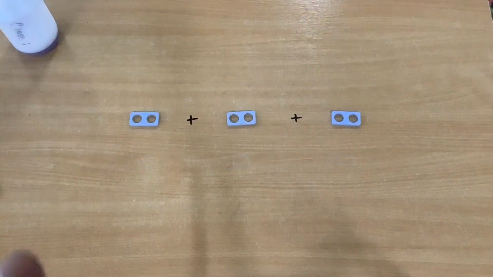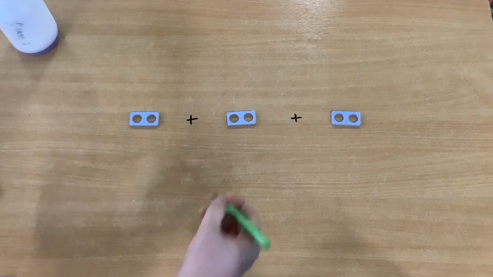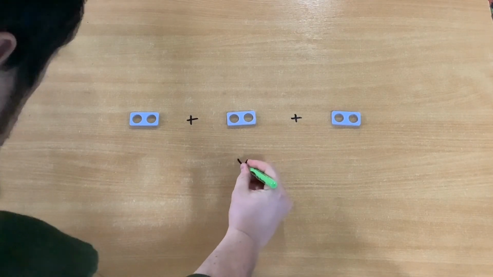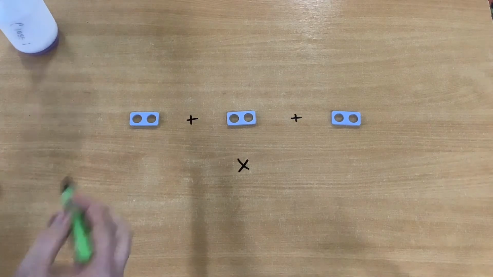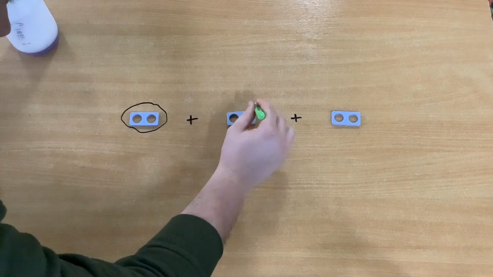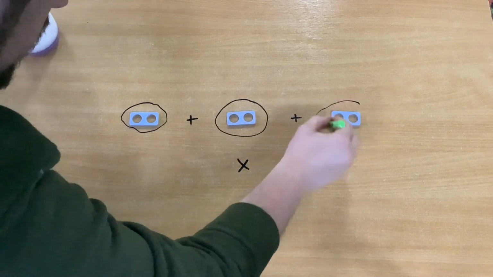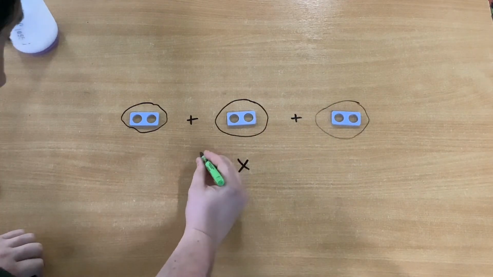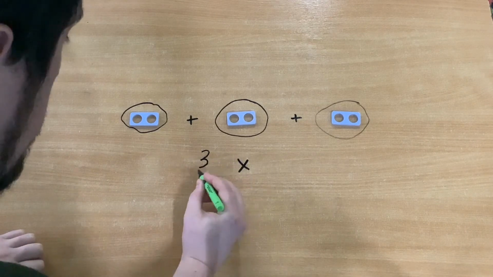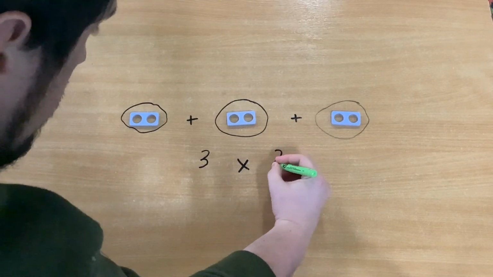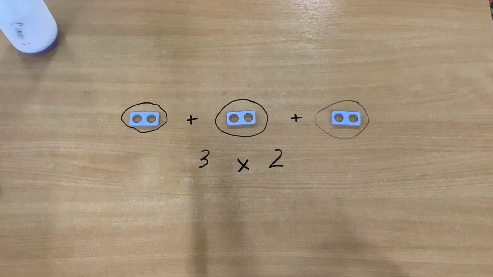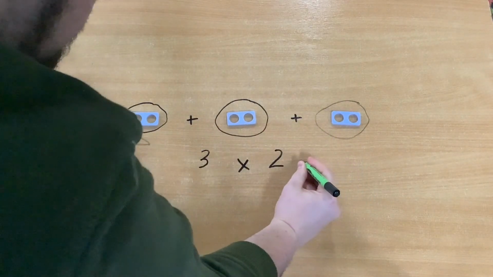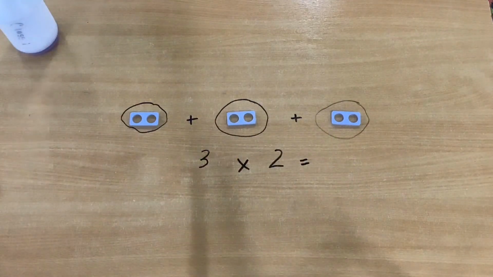From our mind map, we know that the cross sign, this one here, means the same as, it tells us how many groups of or lots of a number we have. So in this example here, we have 1, 2, 3 lots. So 3 lots of 2. That is how we would write it as a multiplication or a times number sentence, and we can work this out by counting how many pieces of numeral we have.